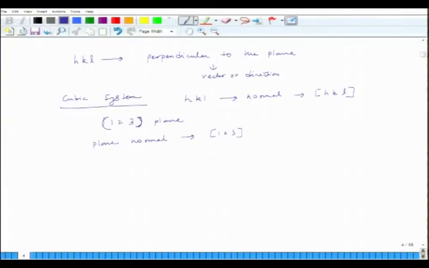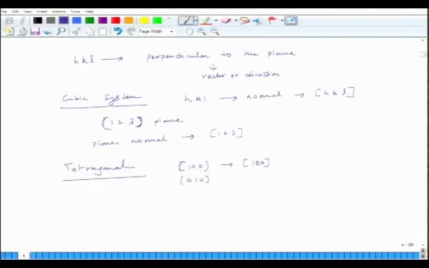In case of other systems, it may apply to certain planes, it may not apply to certain planes. For example, in case of tetragonal, you can see that 1, 0, 0 plane and 1, 0, 0 direction, they are perpendicular. So, they are fine.